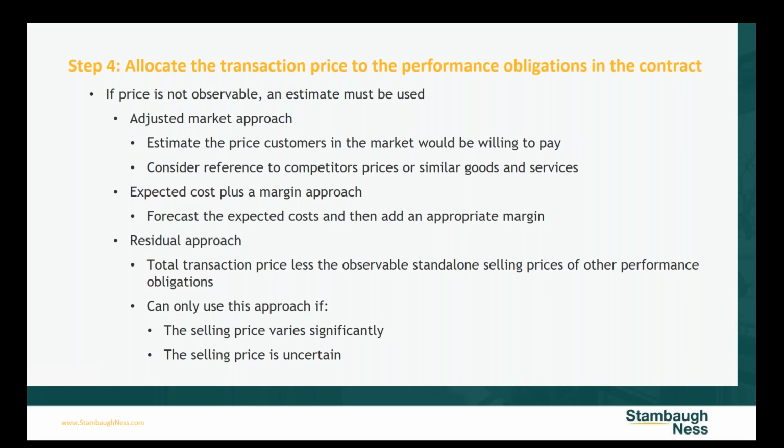So that's how we essentially come up with an estimate, again, if our price is not observable, if there's not a price tag related to it. So in our case, we have this situation because we've got our publications that are $20 a piece, and then everything else we're just calling membership benefits that we don't pay for, or we don't sell.